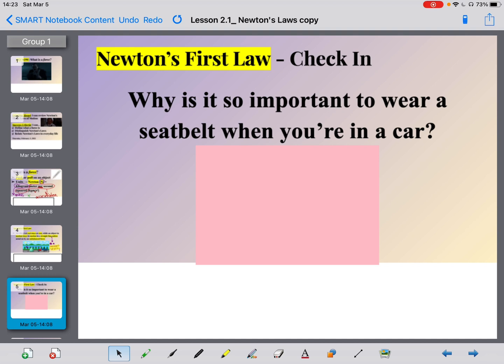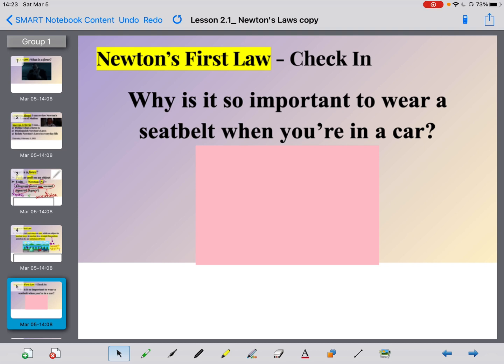But our seatbelt is what holds us back and prevents us from being ejected through the windshield. So, for example, if you're sitting in the back seat, especially that middle seat, if you're not wearing a seatbelt and that car comes to a sudden stop very quickly, your body wants to continue moving and you will most likely become a projectile, an object that gets shot through the windshield.